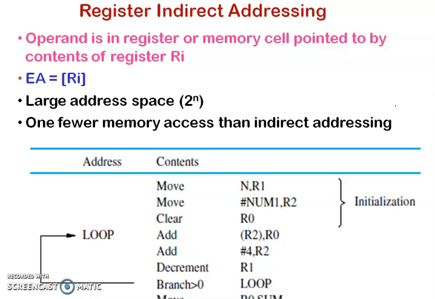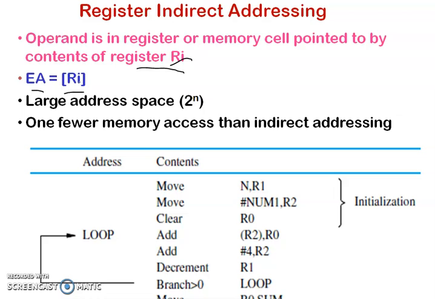In register indirect addressing mode, the operand is in the register or memory cell pointed to by the content of the register Ri, which means that the register will be loading either the address or the address of another register. Okay, so the effective address will be the content of Ri.